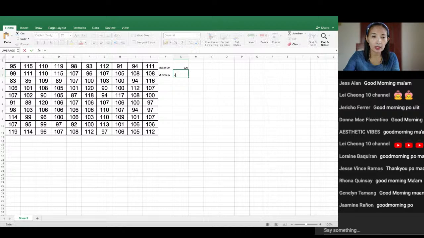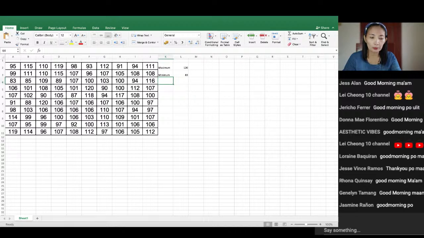Type in the equal sign and then type min and it will display the function. Click on it and highlight the range of scores or your data set, enclose it in a pair of parentheses, and that's it. The lowest value therefore is 83.